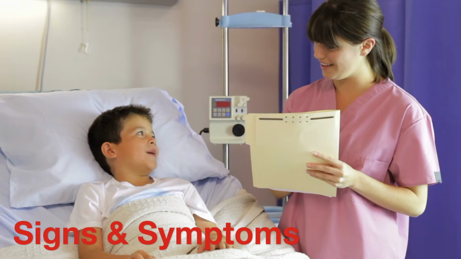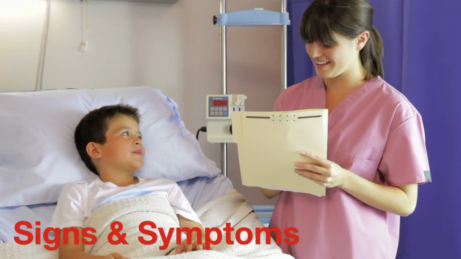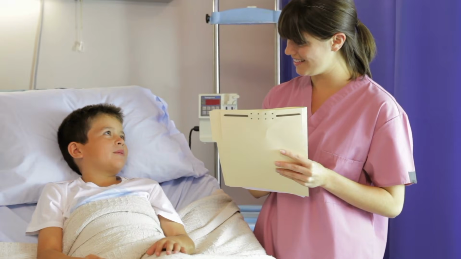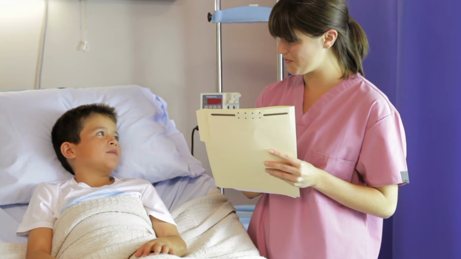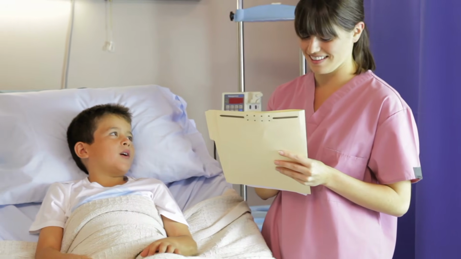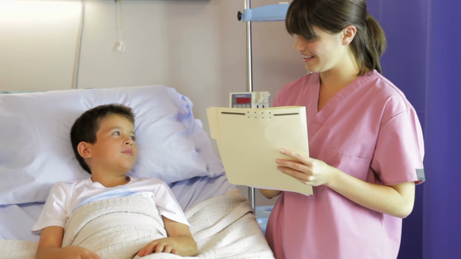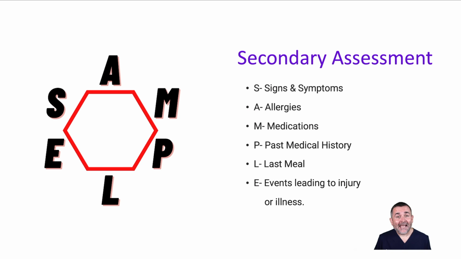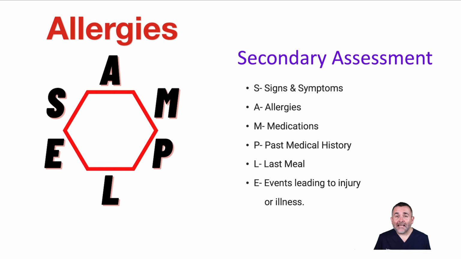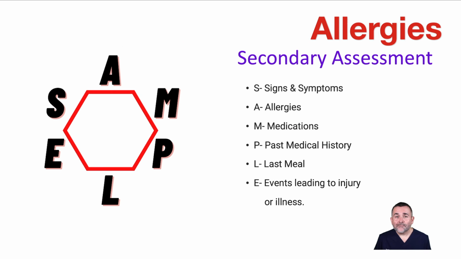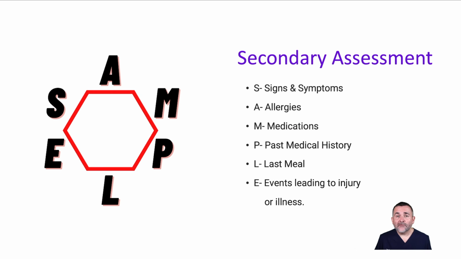Signs and symptoms. A sign is something you can observe as a healthcare professional during a patient's assessment. A symptom is a problem or a complaint that a child or the child's caregiver reports to you. Allergies. Ask about allergies. Are there any known medication or food allergies? Medication.